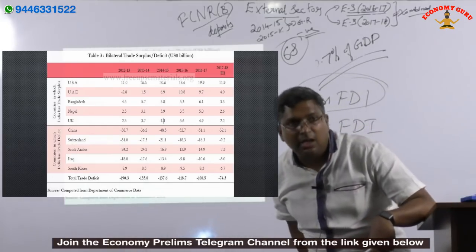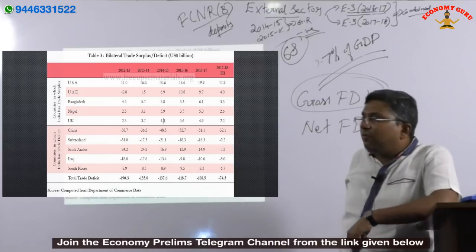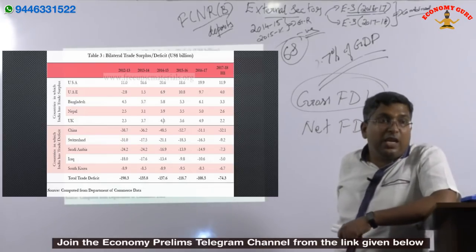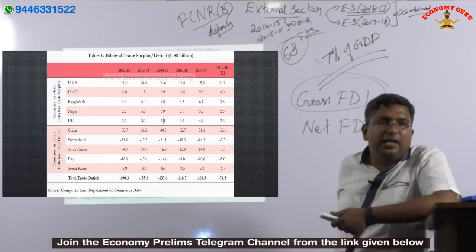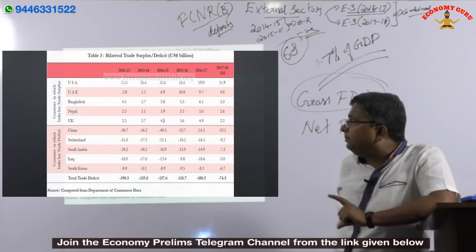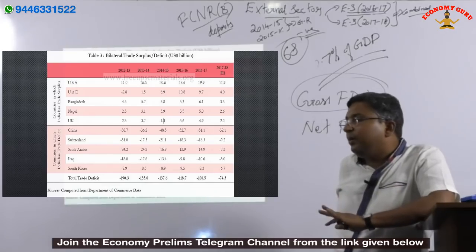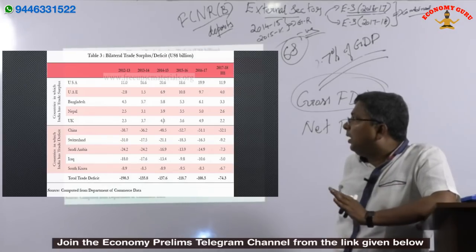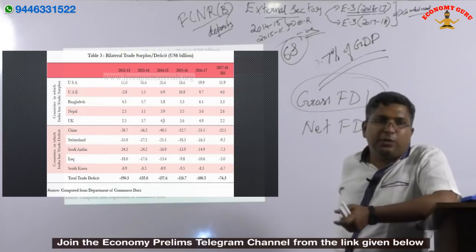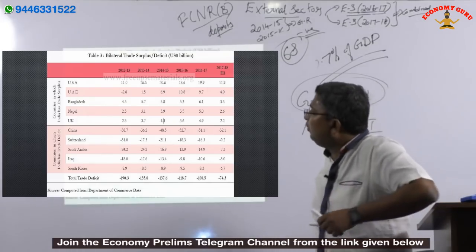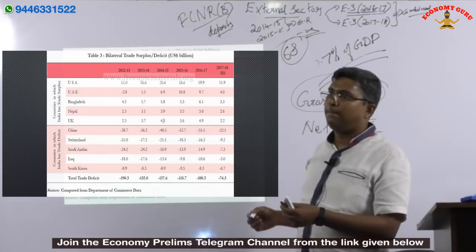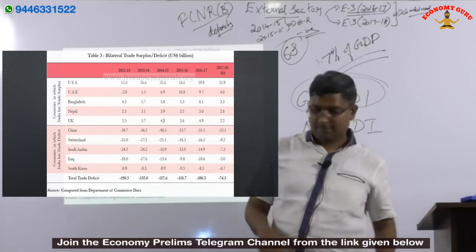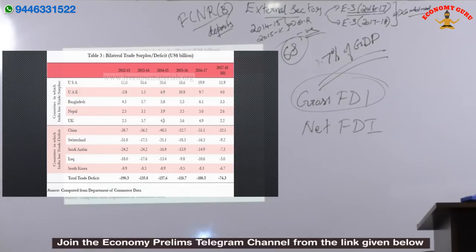Since this 1617 survey has given India's major partners in trade in relation to exports and imports, and the top five India's trade partners in relation to exports and imports have been given. The first one it has given is this: countries in which India has trade surplus. So that's very important. So you can write down.